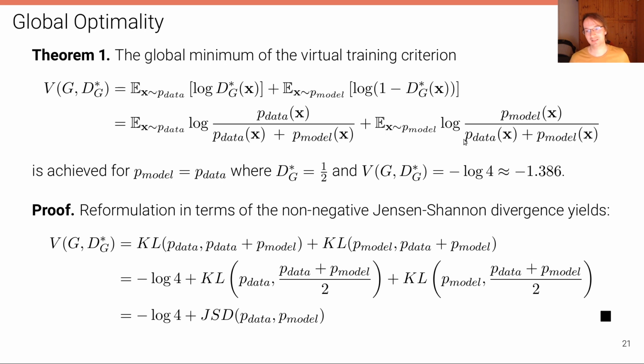And similarly, this expression on the right-hand side is equal to the Kullback-Leibler divergence between the model distribution and the data distribution and the model distribution. Now, we subtract logarithm of 4 from this equation, but we add it at the same time, so we multiply 1/2 inside this expression and 1/2 inside this expression.